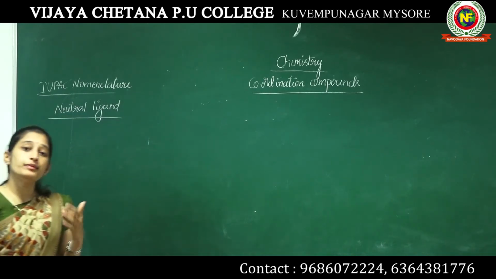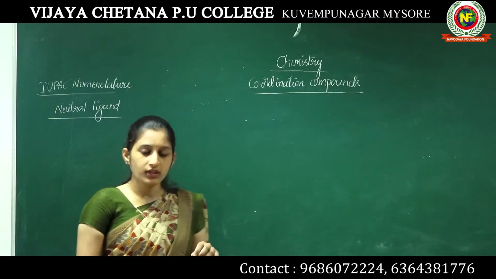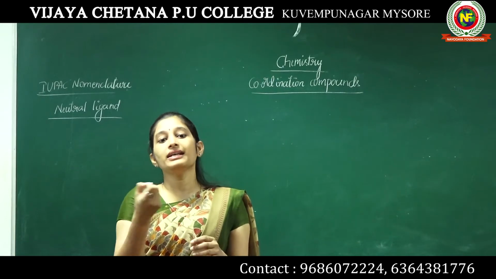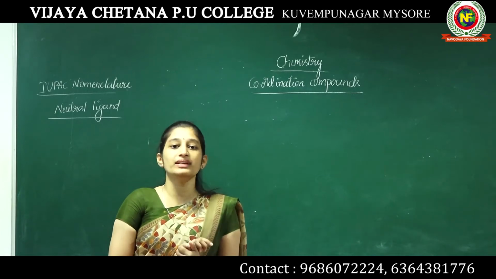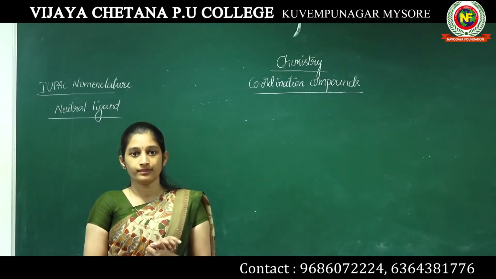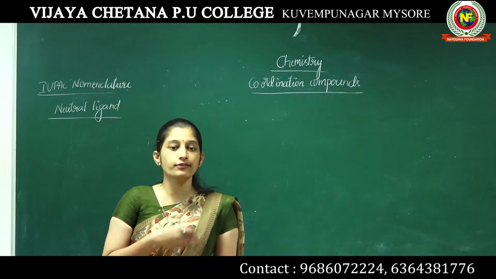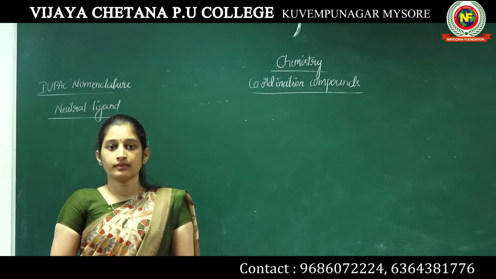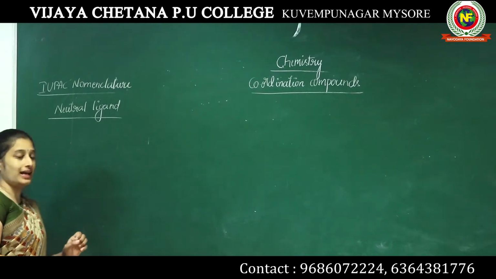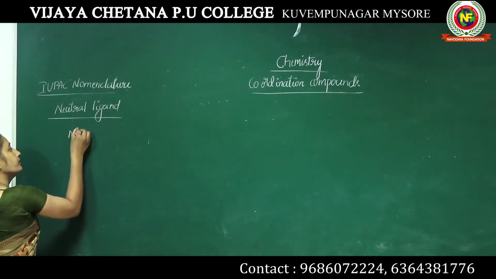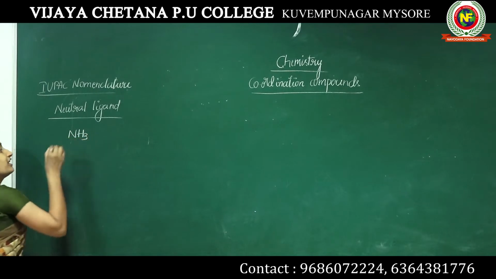What are the examples for neutral ligand? First, what do you mean by neutral ligand? The name itself indicates neutral. Neutral means there is no charge, no positive, no negative. But it mainly contains a lone pair of electrons. For example, NH3.